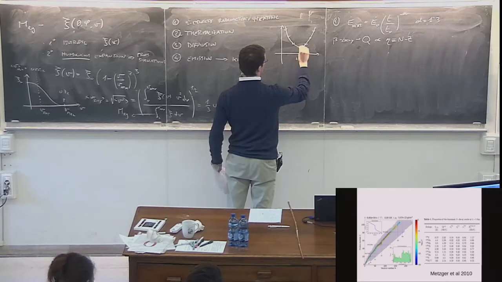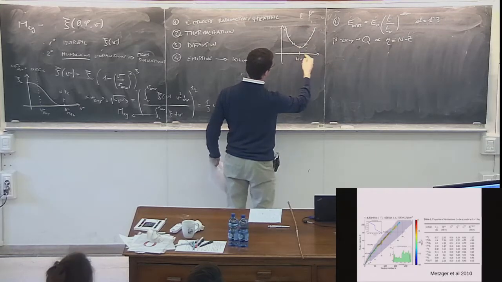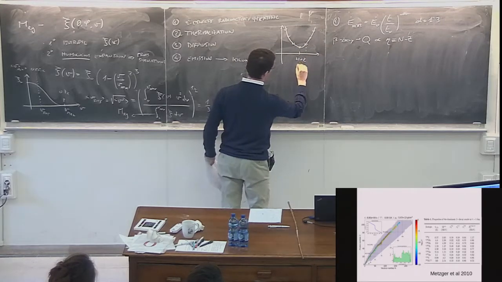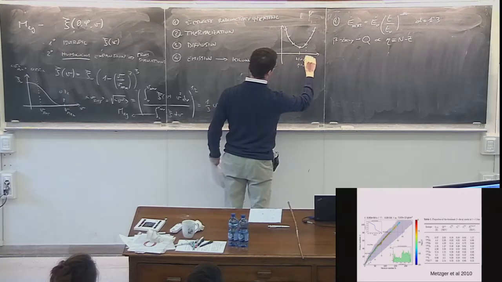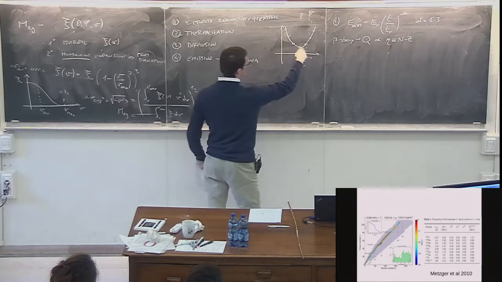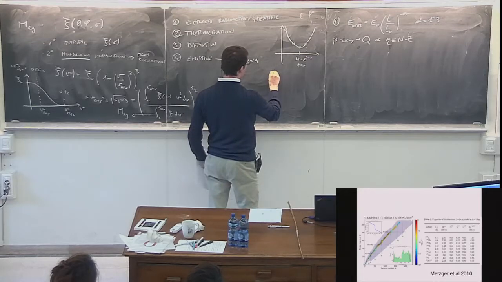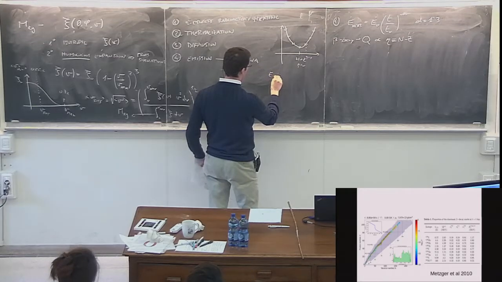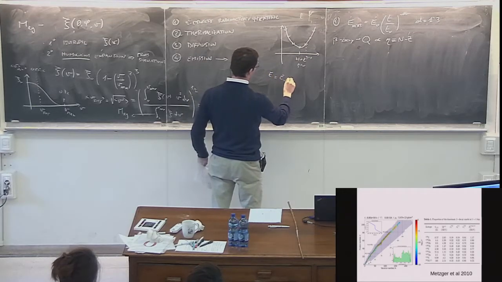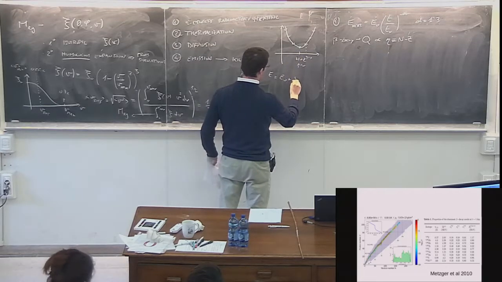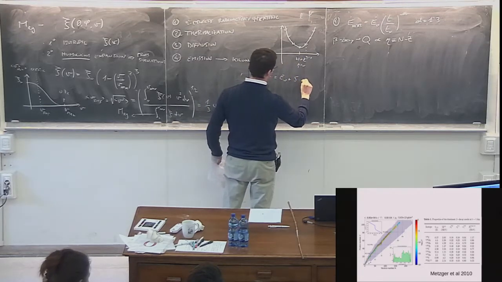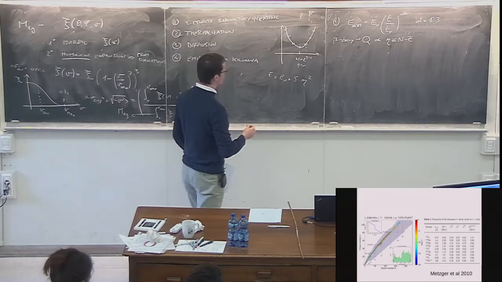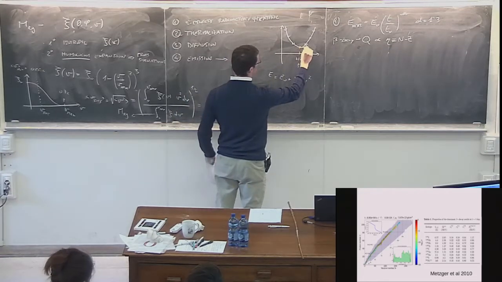And this is of course +1, and this is -1. This is a parabola, and you can describe the energy per baryon as a constant plus a coefficient times eta squared. Now the Q value is nothing but the difference between 2 points.